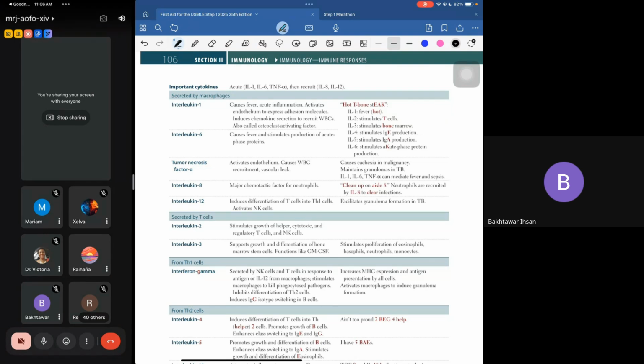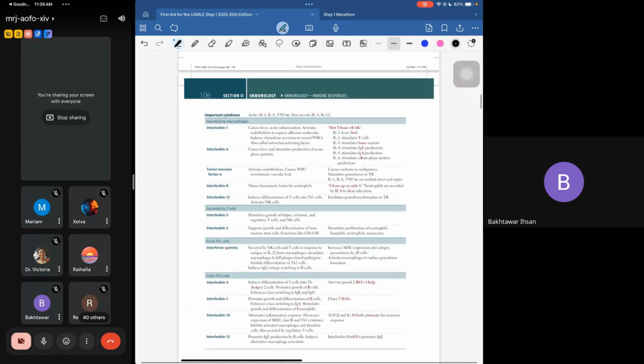So now let's go into interleukins. There are different white blood cells. One is macrophage, the other is T cells, then we have Th1 cells and Th2 cells.